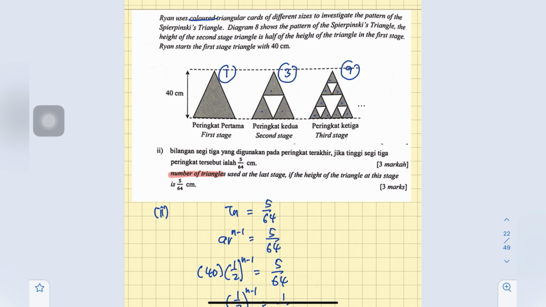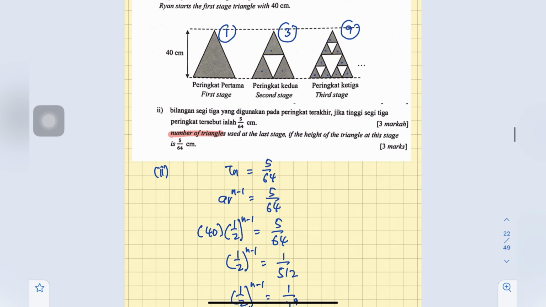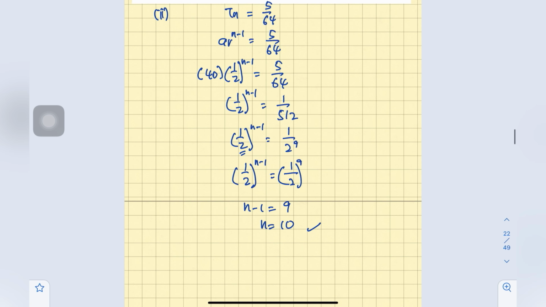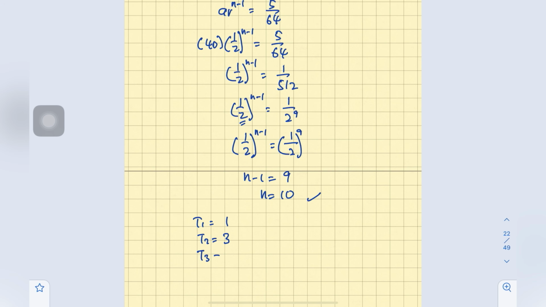So this is a new progression related to the number of triangles. T1 is 1, T2 is 3, T3 is 9. So this is a geometric progression with R equals 3.